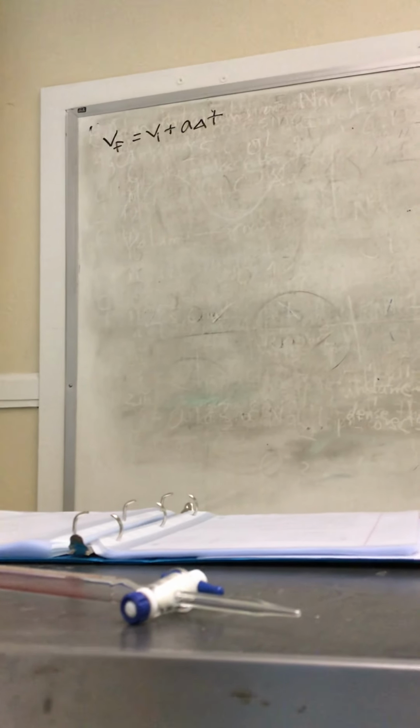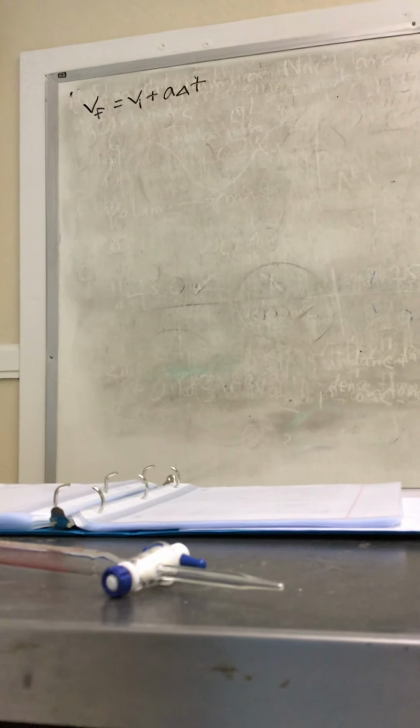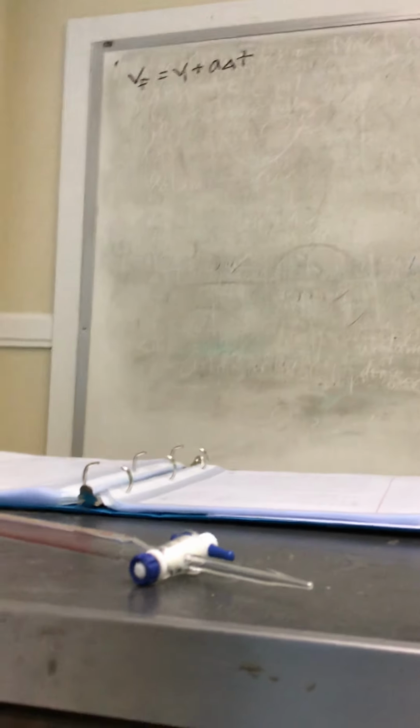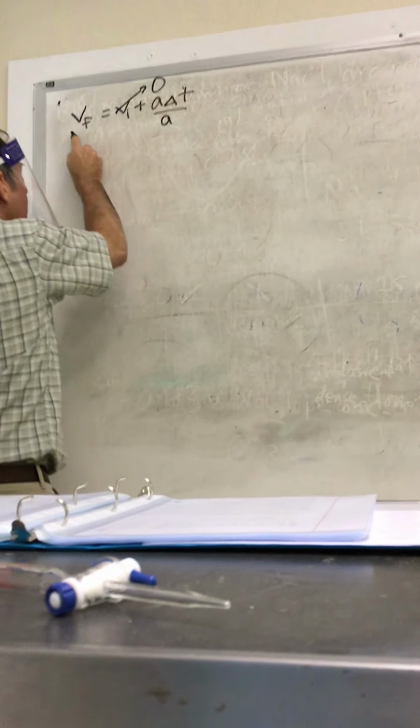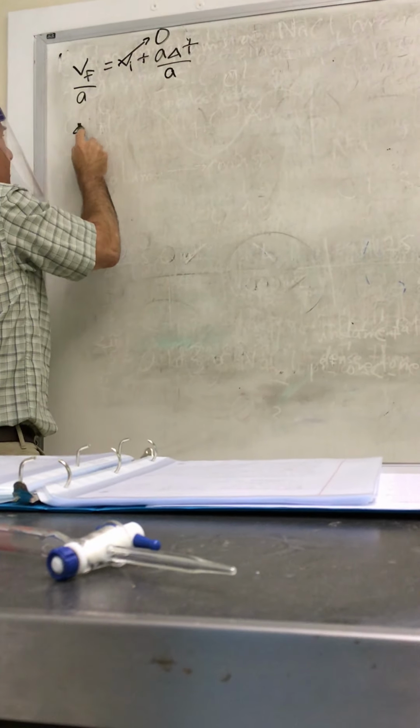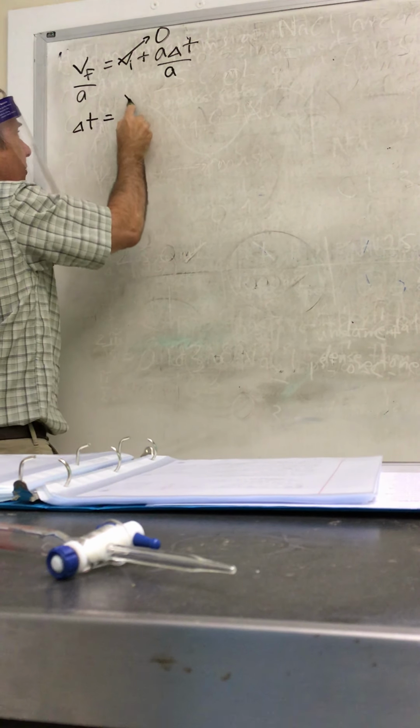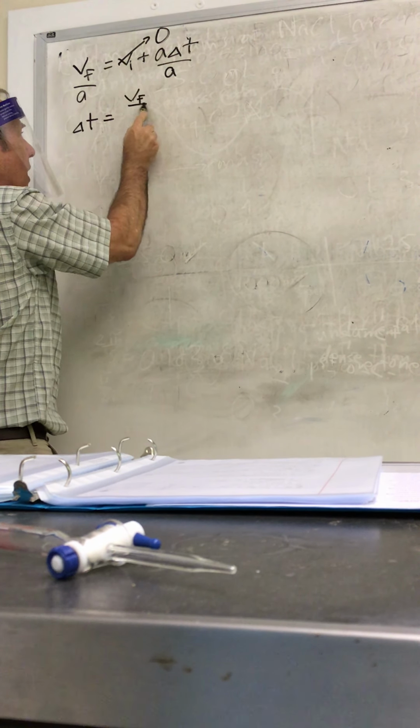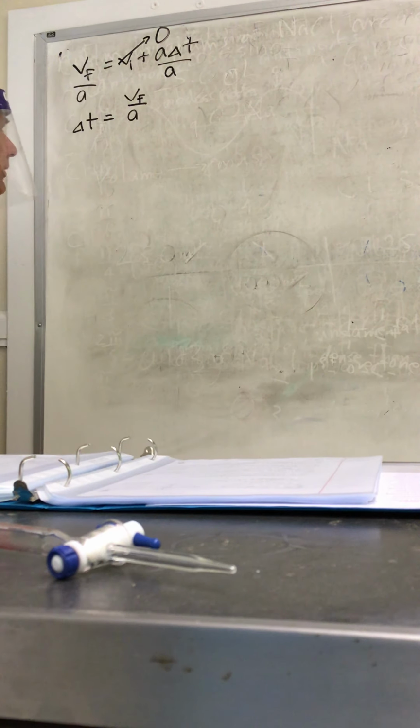This equation is true as long as the acceleration is constant, which we assume, a kinematic expression. Our initial velocity is 0, so we'll set that equal to 0. Divide by a. So delta t is equal to the final velocity over the acceleration. That's your delta t.